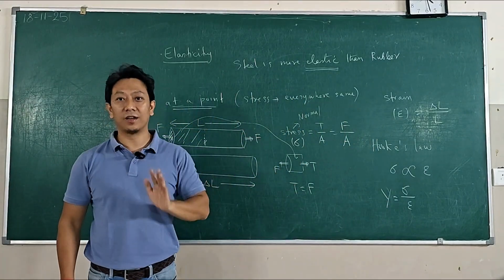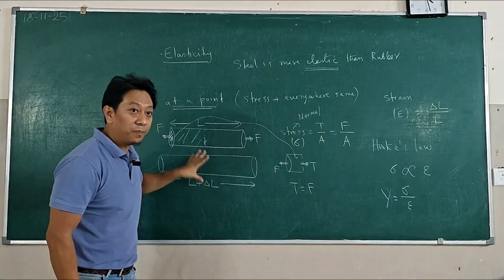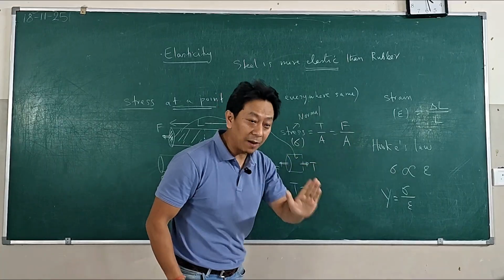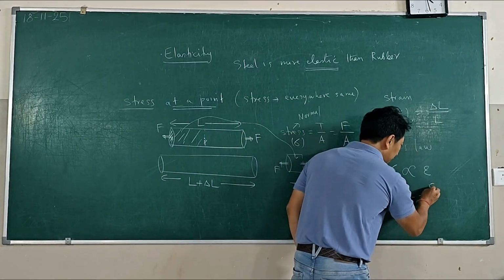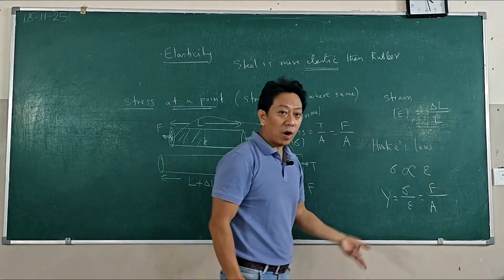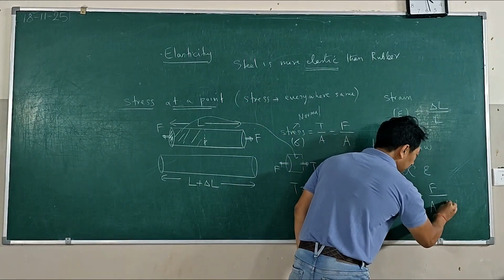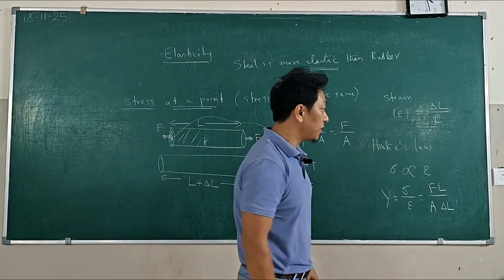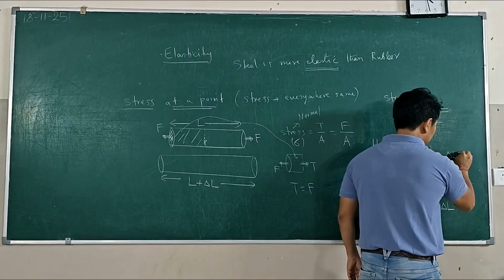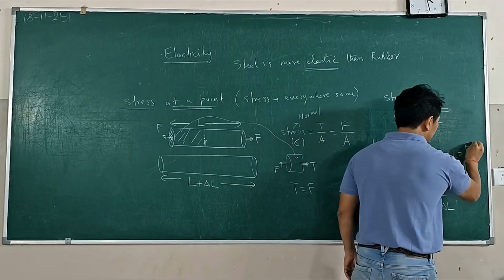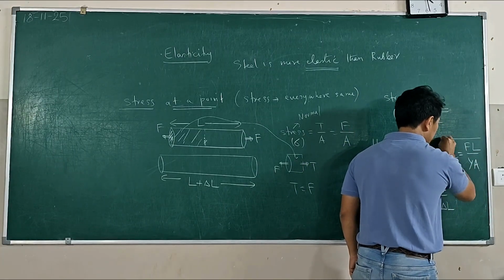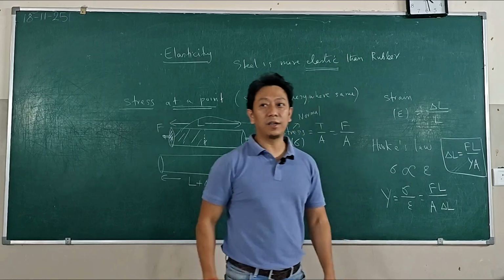Stress by strain. In this particular example where stress is everywhere same, what is the stress? F by A. What is the strain? Delta L by L. So if somebody will ask what is change in length, what will you say? Cross multiply, FL by YA. Yes or no?